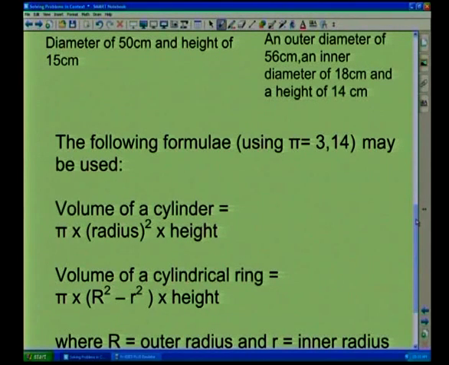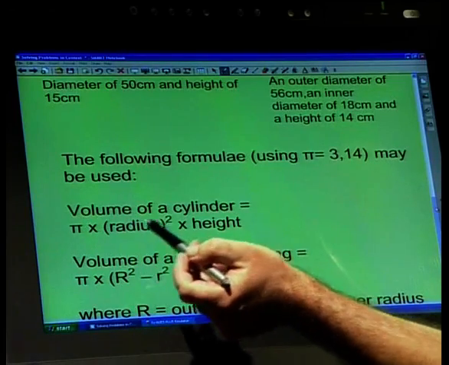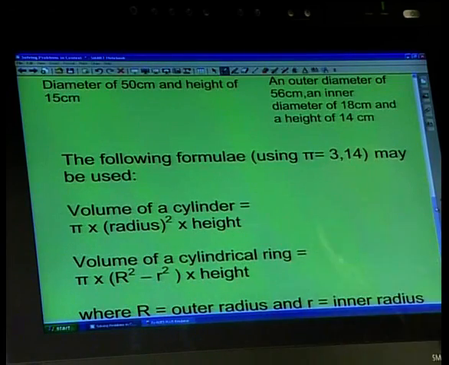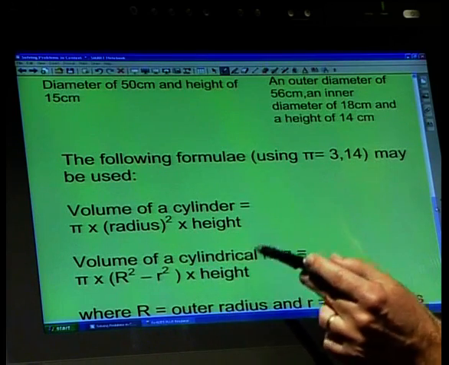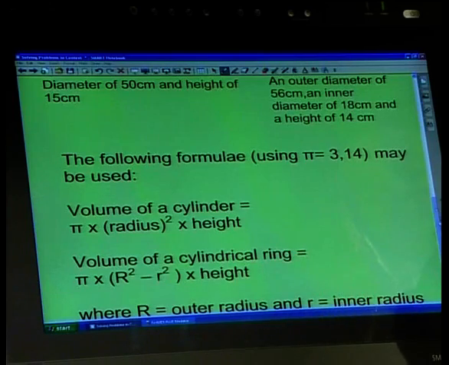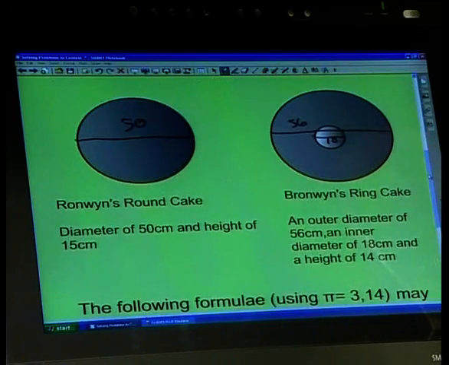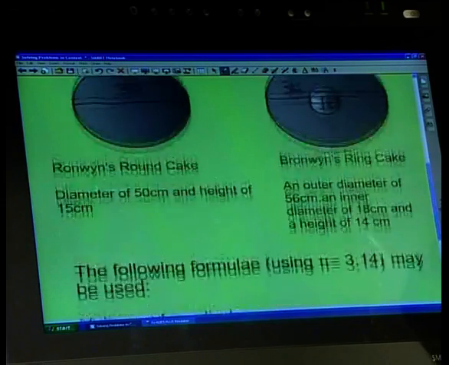They've given us a volume formula for a cylinder. And strictly speaking, these cakes are cylinders. So we've got the volume here of pi times the radius squared times the height. We also were given the volume of a cylindrical ring, which is the type of cake that Bronwyn has over here.